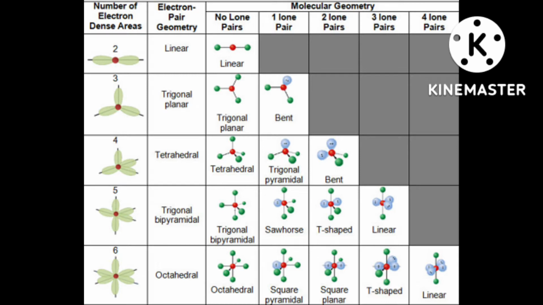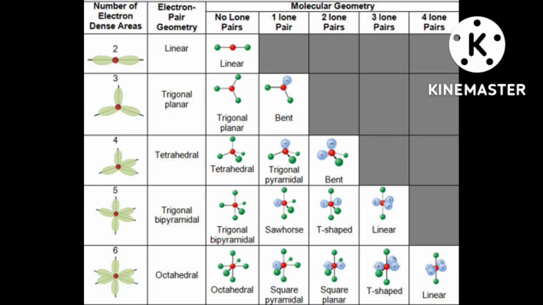Lewis' concept is unable to explain the shape of molecules. Why has this theory come? Because Lewis' concept was unable to explain the shape of molecules. VSEPR theory provides a simple procedure to predict the shapes of covalent molecules.